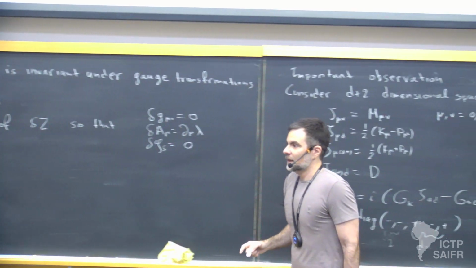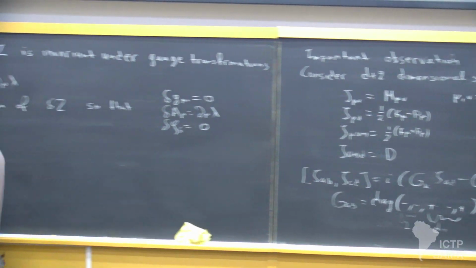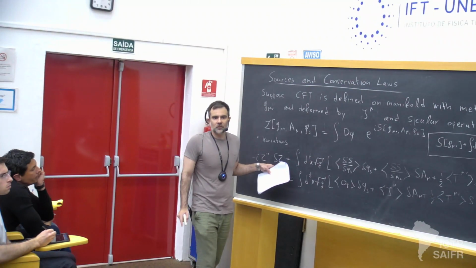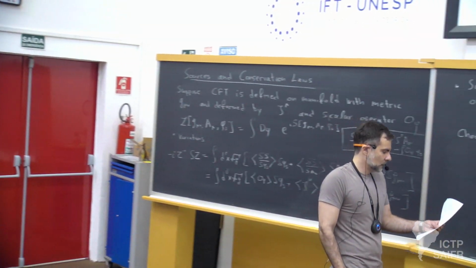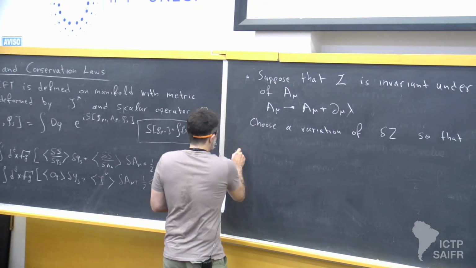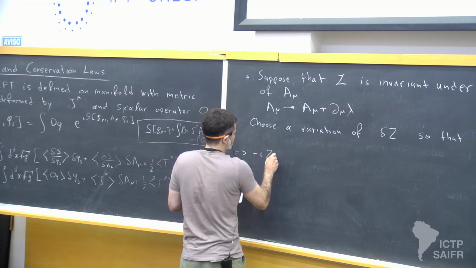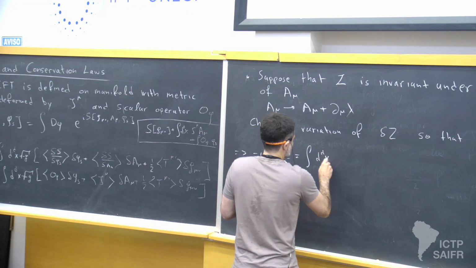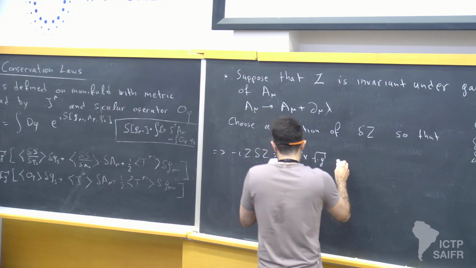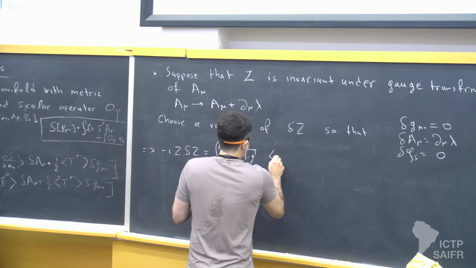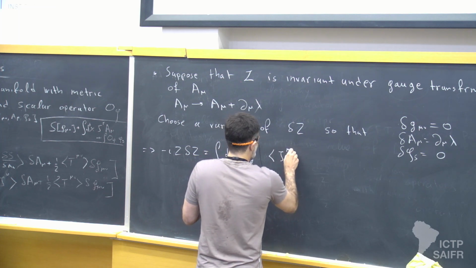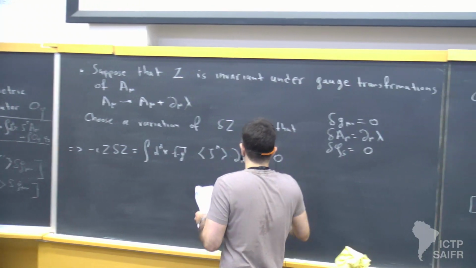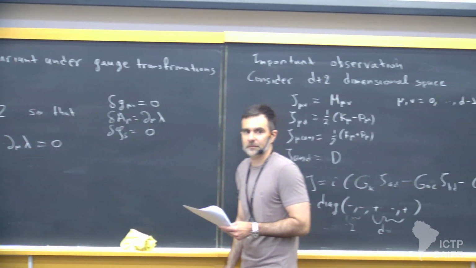In other words, if I choose the variation to be just a gauge transformation, invariance is telling me that this delta Z should be 0. Okay? So this is telling me that minus i Z delta Z should be the integral over all space-time of the expectation value of j mu times partial mu lambda. And that should be equal to 0 for any smooth lambda.